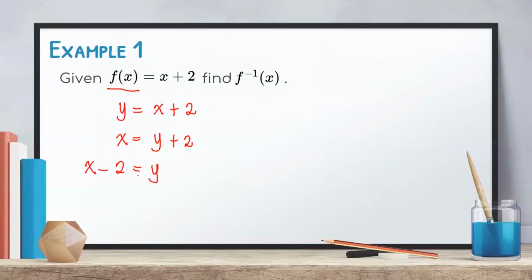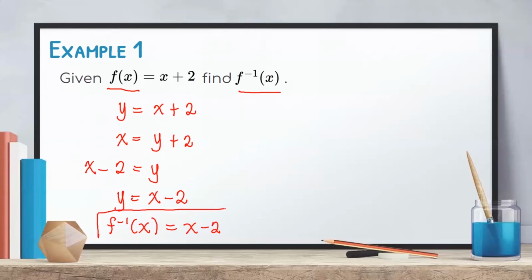By reflexive property, we can write this equation as y equals x minus 2. Finally, let us replace y with inverse of f of x. Therefore, the inverse of the given function is x minus 2.